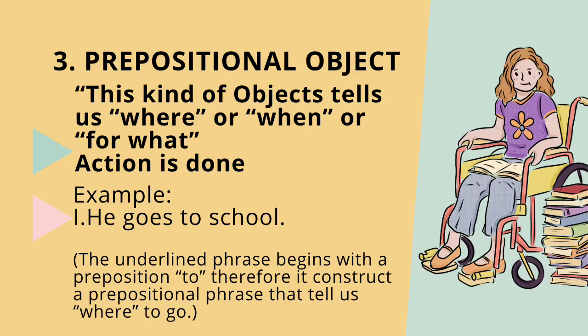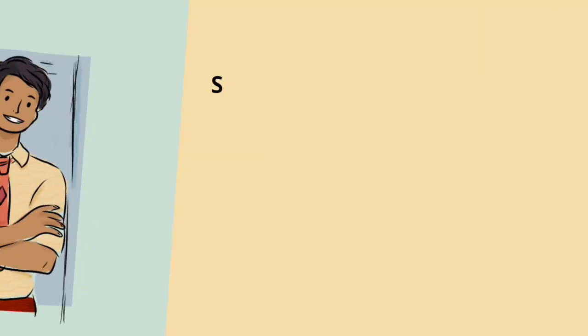Here the prepositional phrase begins with for, and that tells us for what purpose she has gone, and where she has gone. The answer is for a morning walk, etc. So these are very important points that we have discussed.